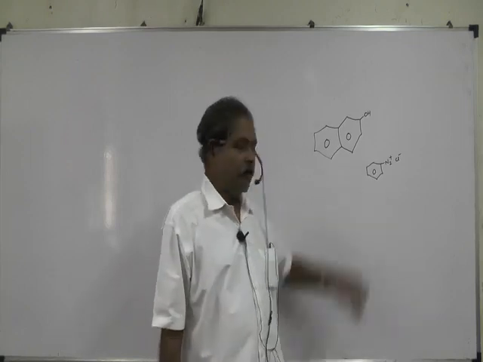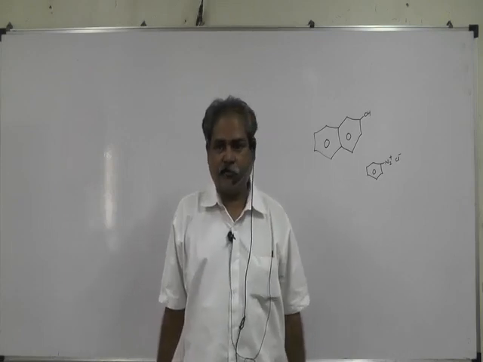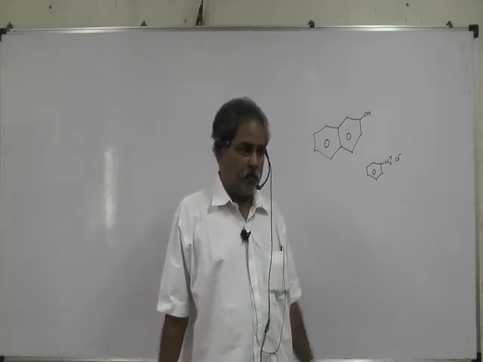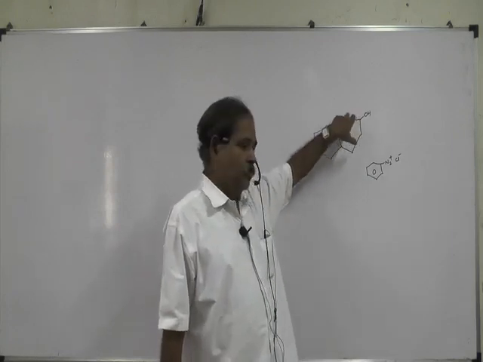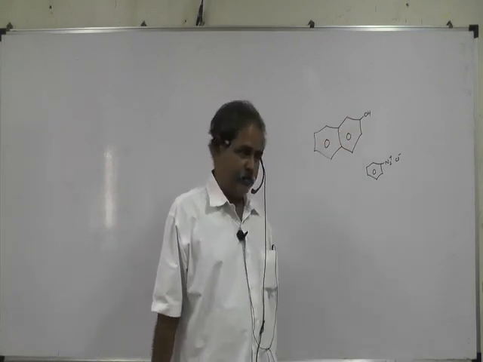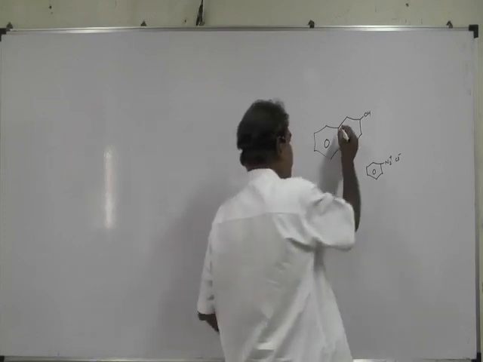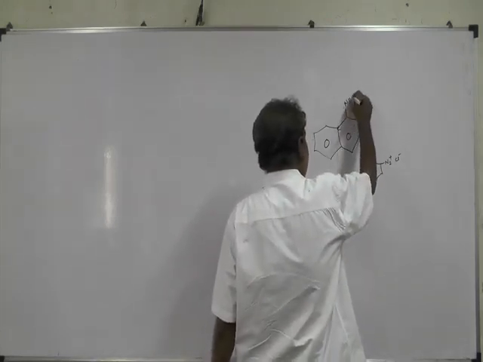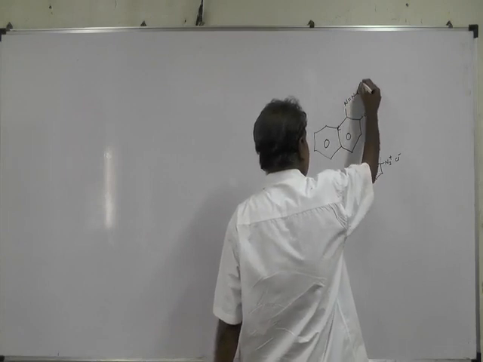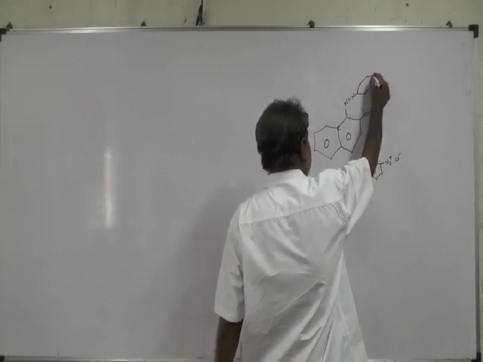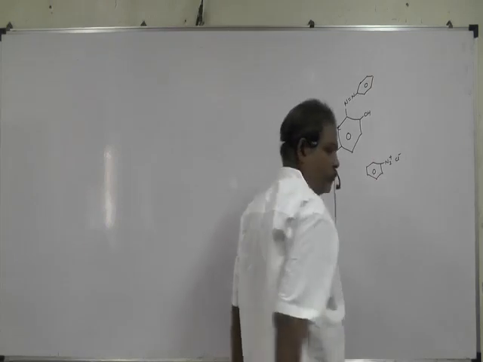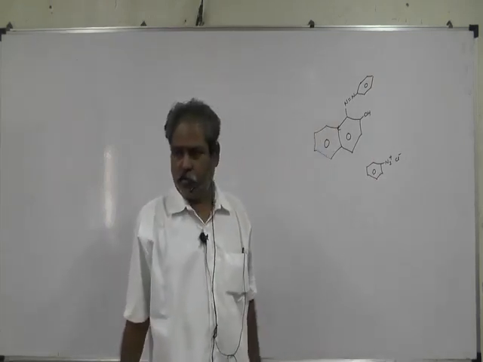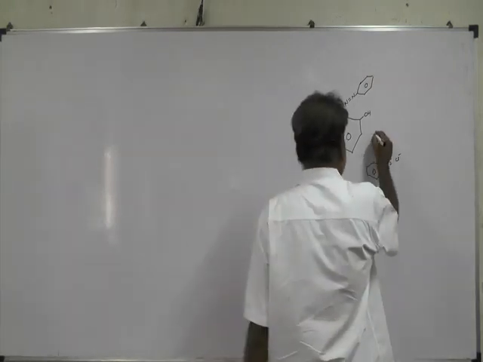There will be a triple bond and it becomes linear. Where will this attack? Ortho to both OH and this carbon. This is ortho to this carbon as well, right? So you will get N double bond N. What is this called? Methylene yellow or what? You are saying it is orange color.